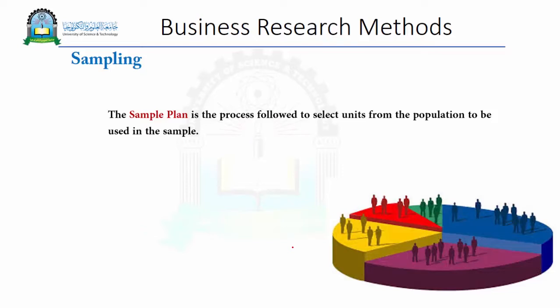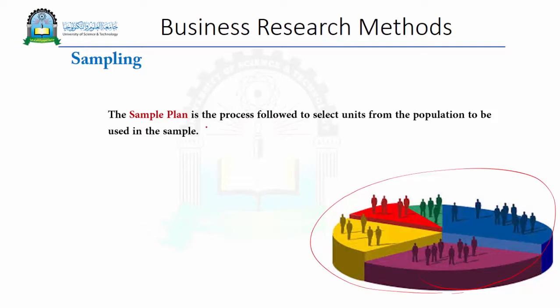In a lot of research, if you go for a census, taking all the respondents or all the employees or people to answer your questionnaire, for example, or give you data, you are going to face a lot of problems, because some populations are going to be big, and the population is whoever is included in your scope and in your setting of your research.